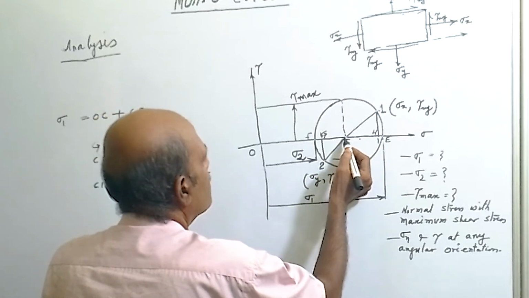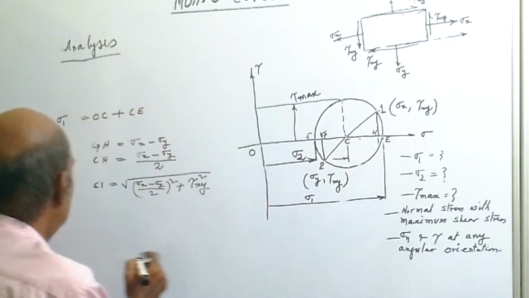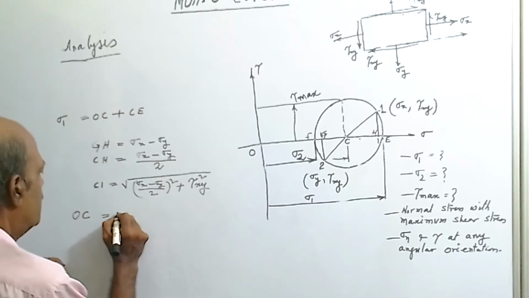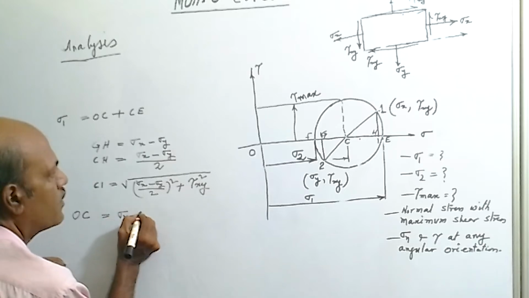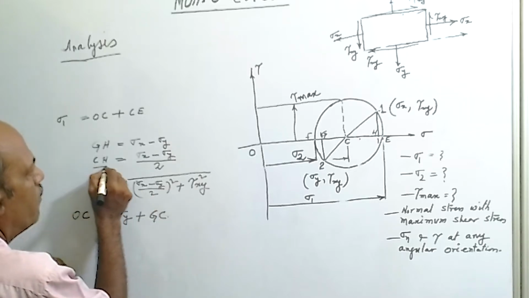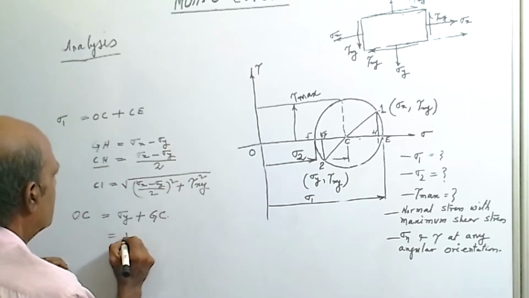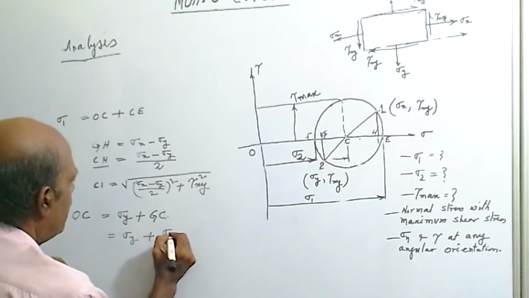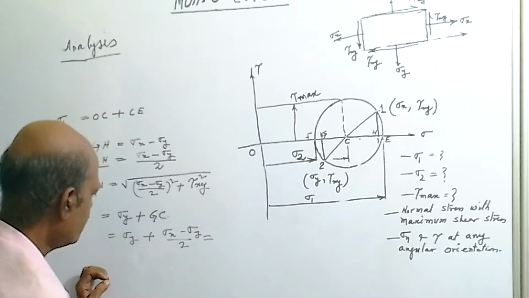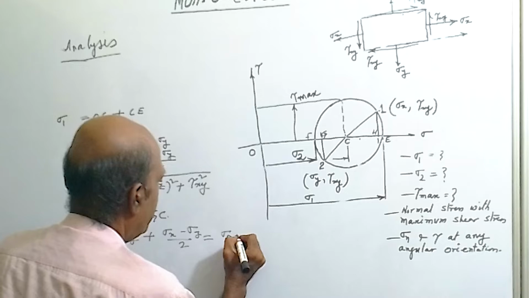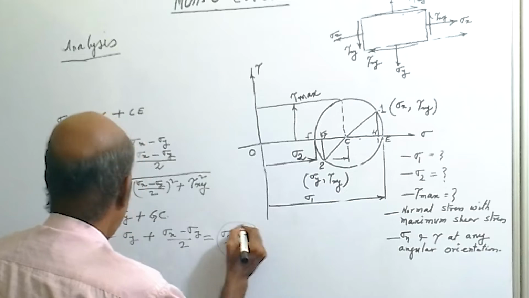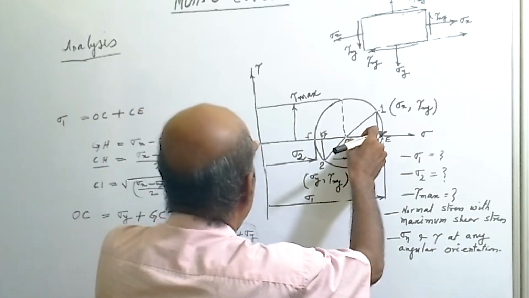Now we have the O to C value. O to C will be equal to sigma y plus GC. GC and CH are the same, so we can write sigma y plus sigma x minus sigma y by 2, which equals sigma x plus sigma y by 2. So what is OC?